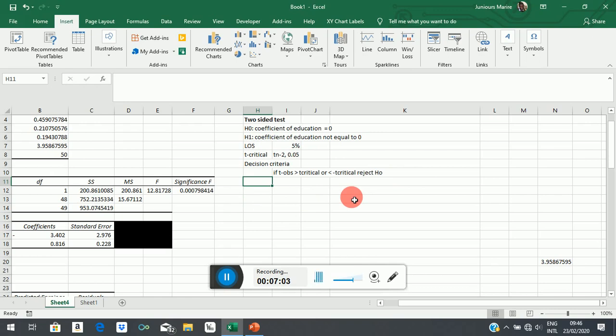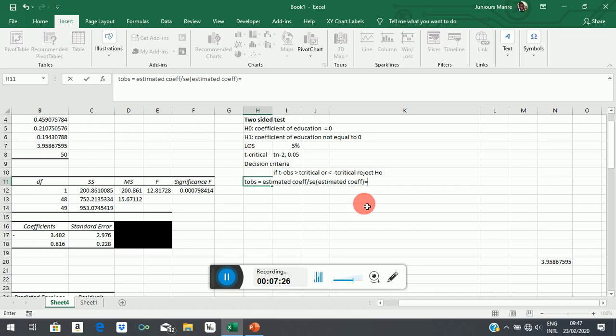Right, so then now you have to calculate the T obs, which is your statistic, and you remember that it is always your estimated coefficient over its standard error. That's how you do it.